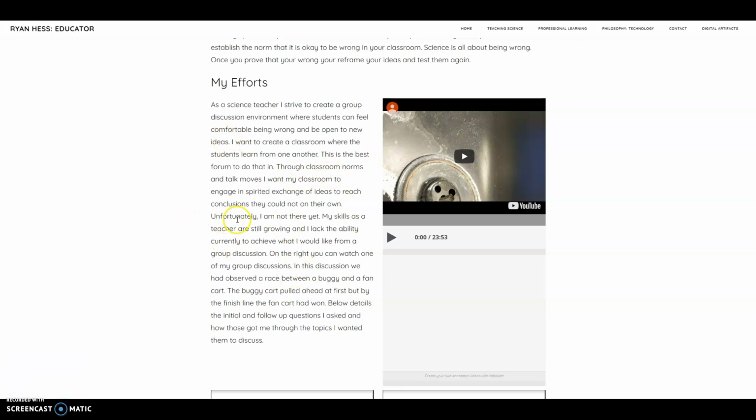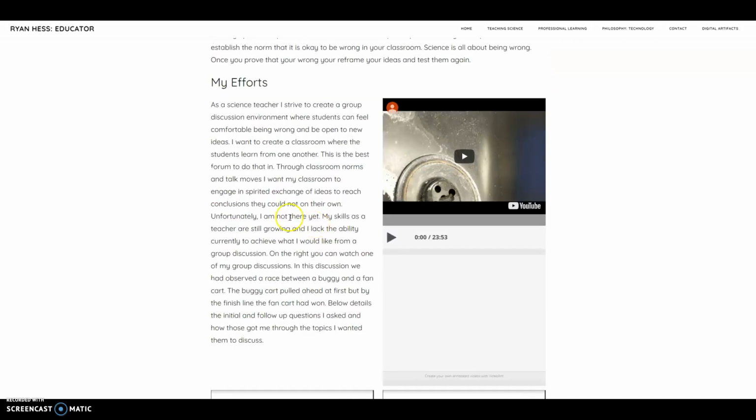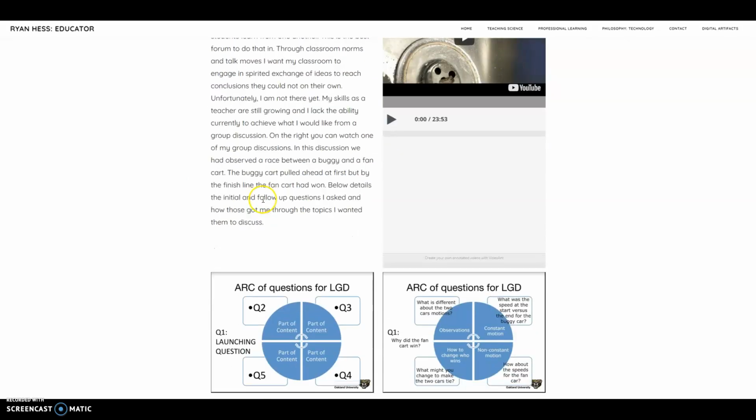In this particular group discussion, I don't think I did the best job. I'm still working on my talk moves and on making sure my class feels at ease. Unfortunately, I believe I only had about half the class participate. The rest were there and listening, but I couldn't quite get everyone working on it.